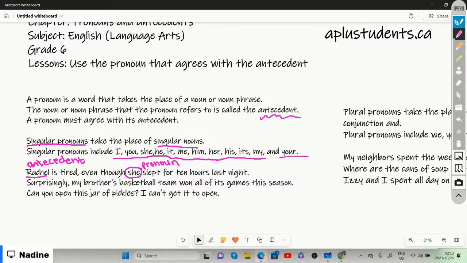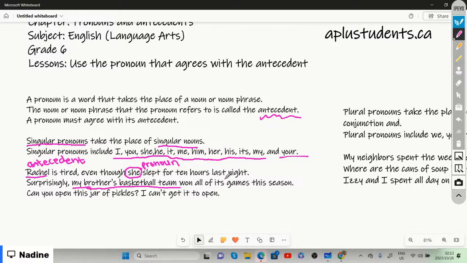Surprisingly, my brother's basketball team won all its games this season. We need to select either the noun or the noun phrase within that sentence, and we can say, my brother's basketball team.